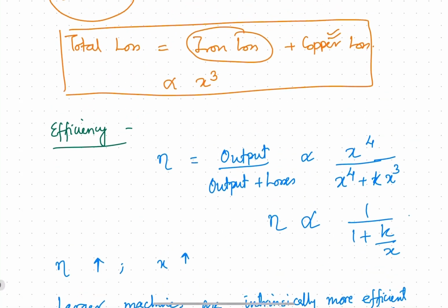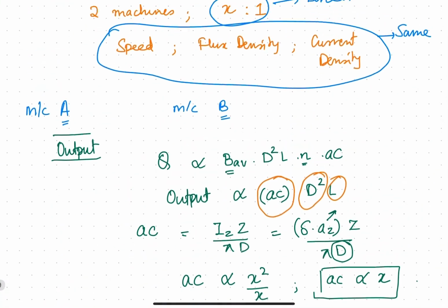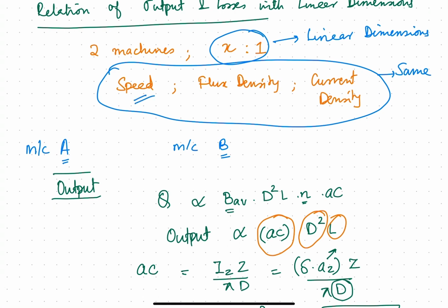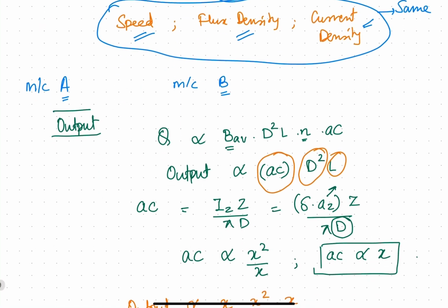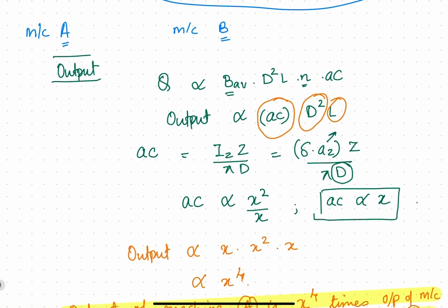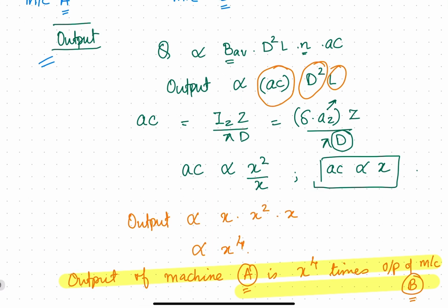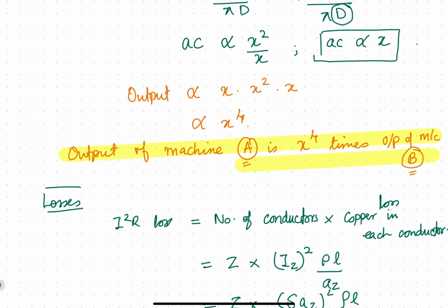given that the parameters such as the speed, the flux density, and the current density are constant. So if you have two machines which have linear dimensions in the ratio of x is to 1, we have seen that the output is x to the power 4 times that of the other machine.